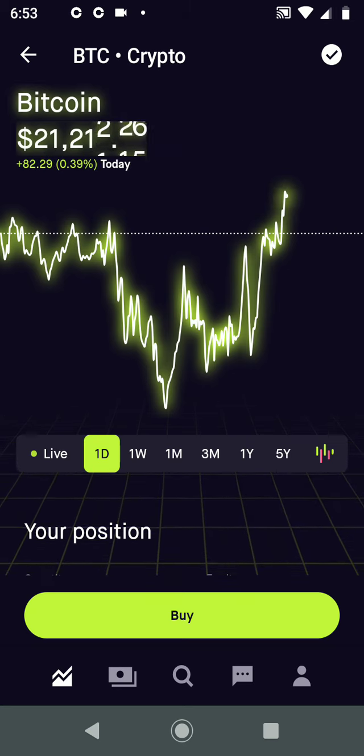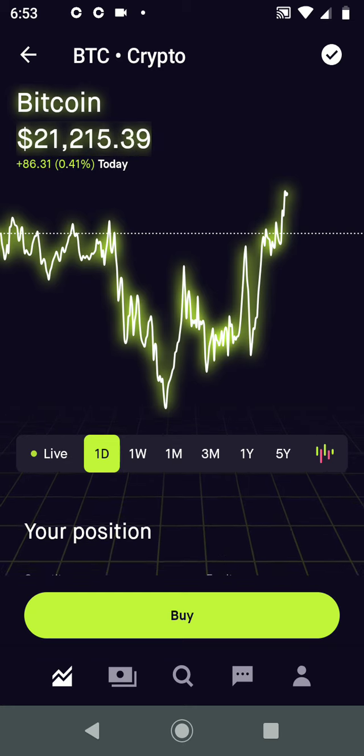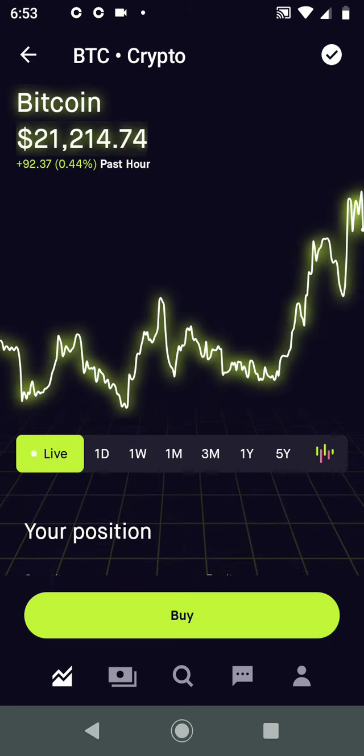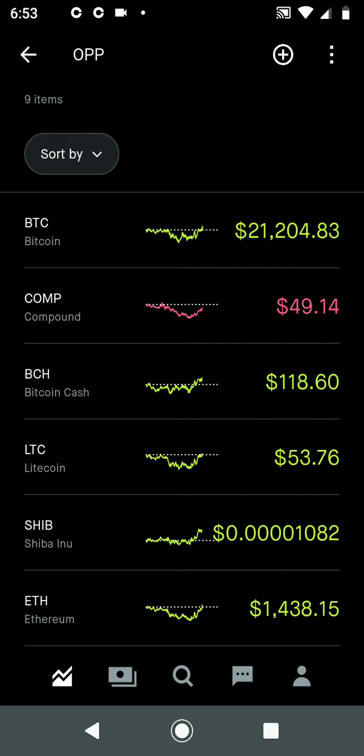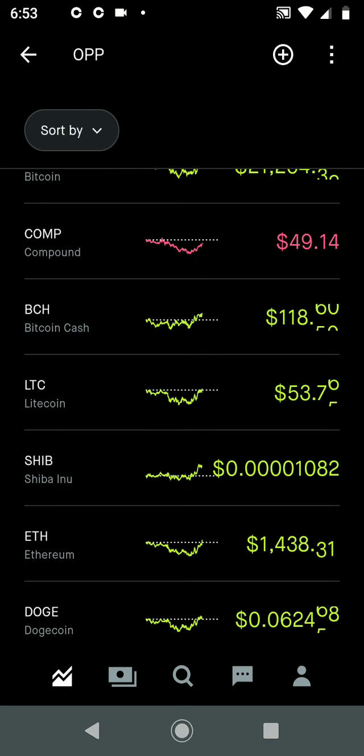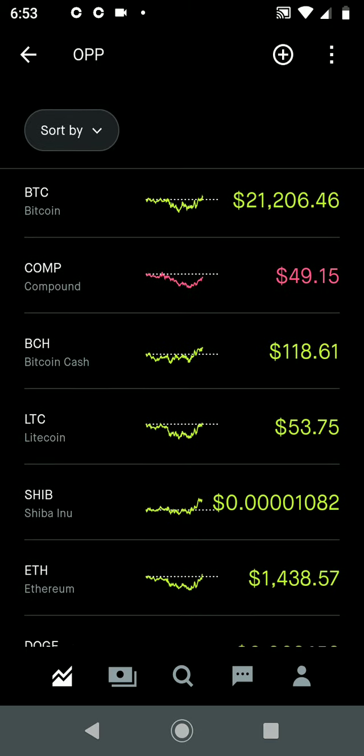And the reason why I'm not showing you a live trade is because I don't have a good entry point right now. As you can see, Bitcoin is kind of up in the past hour, so that's not a good entry point. I'm gonna wait until it comes down, or I may come down here and see if everything that's green right now is up.